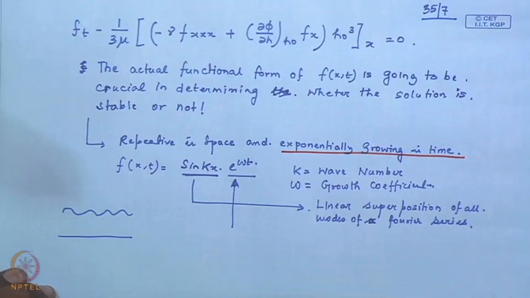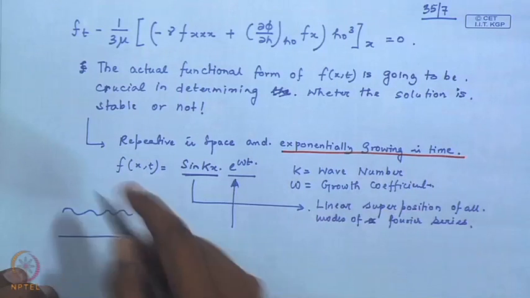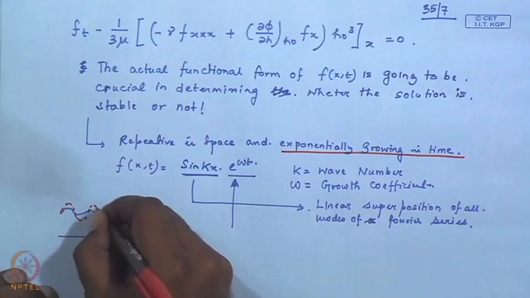Now, in order for the film to become unstable, as we have discussed in some of our previous classes, these interfacial fluctuations should grow, and qualitatively we have discussed this.